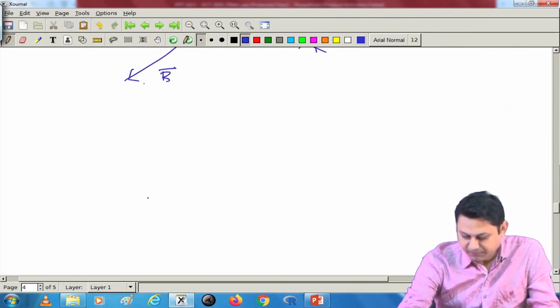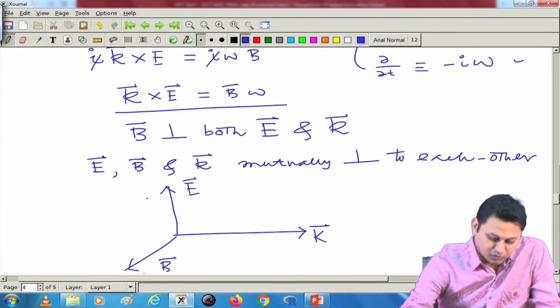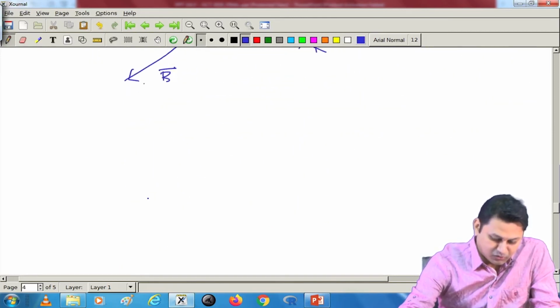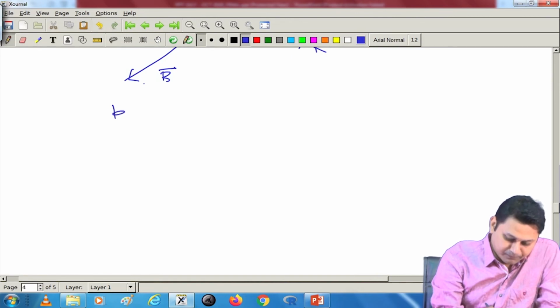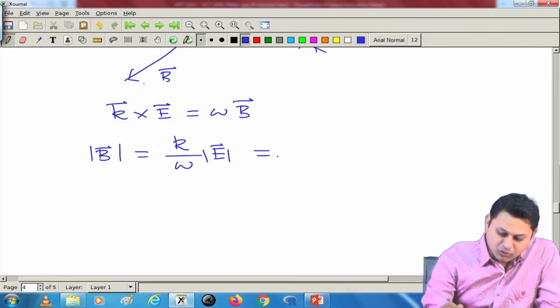Another important piece of information we can extract from that is the magnitude of B. So, I have k cross E is equal to omega B. If I want to find the magnitude of B, it should be k divided by omega and then the magnitude of E. Now we have a relation between k, omega and c.